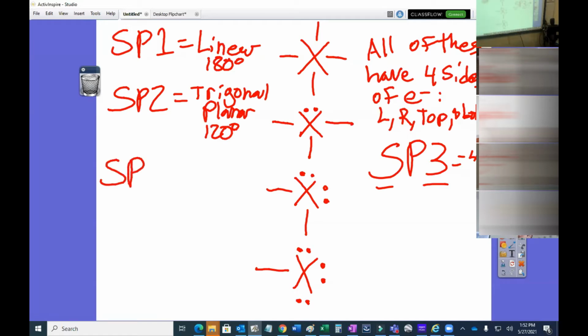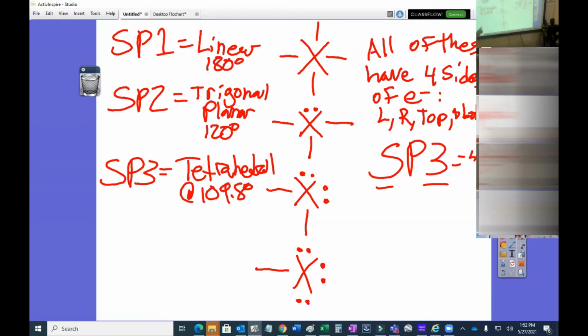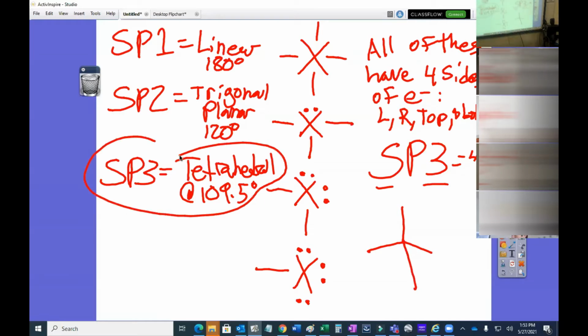You're looking at SP3, which is tetrahedral at 109.5 degrees. And that means you're going to have atoms that look like this, central atoms that look like a music stand. Okay, that's that one. So let's look at HCN.